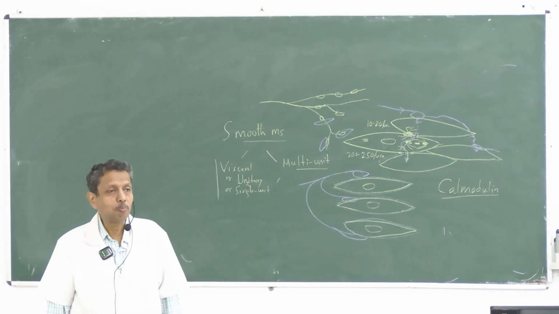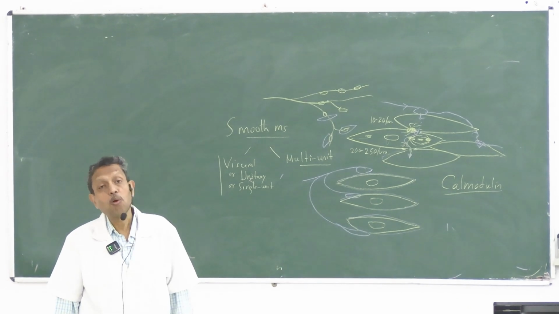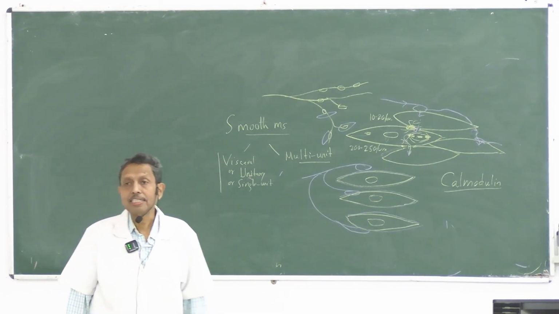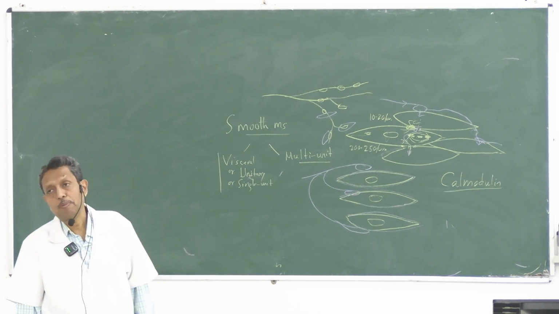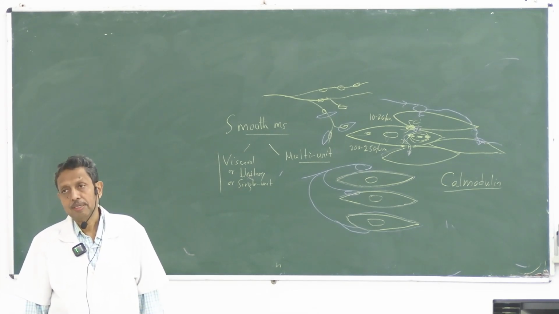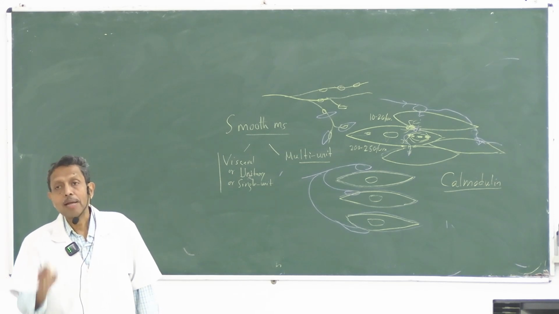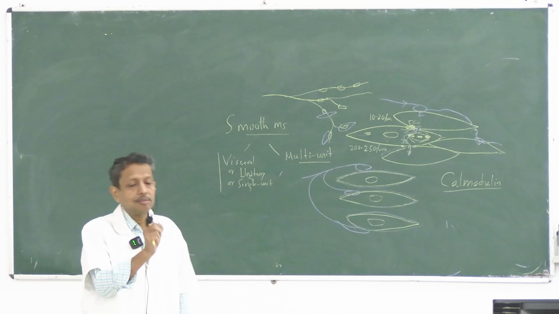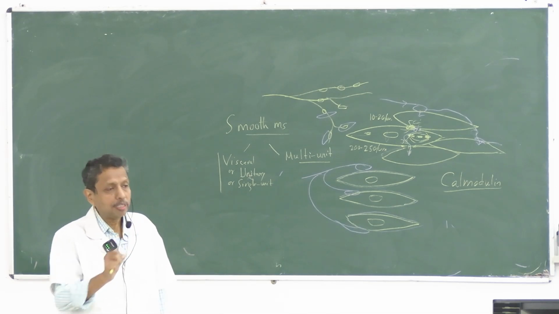It is a cytosolic protein. It can bind with 4 calcium ions, and the structure is extensively conserved. Even in the plant kingdom, there are similar structures, and they can bind with 4 calcium ions, and the number of amino acids is 148.